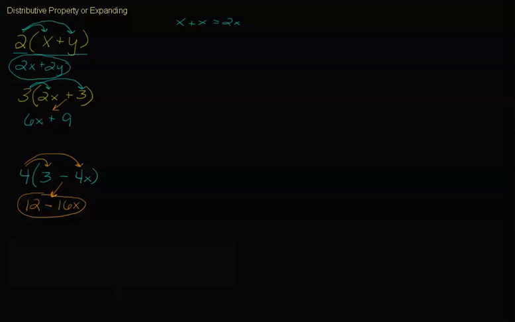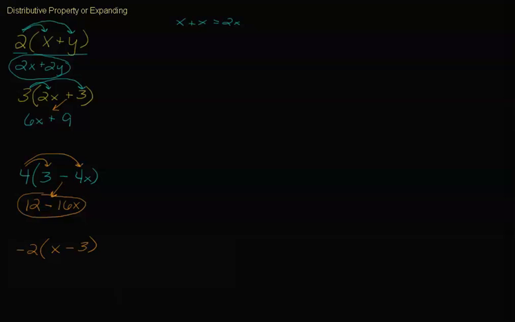Now we've also talked about if we have negative numbers. So let's say on the outside we have -2, and then on the inside we have x minus 3. See if you can pause this and see what you get.